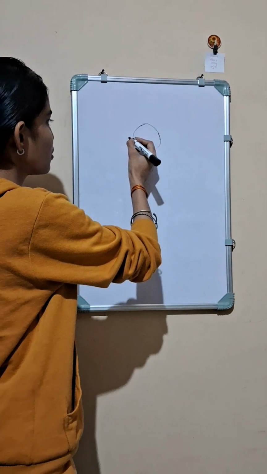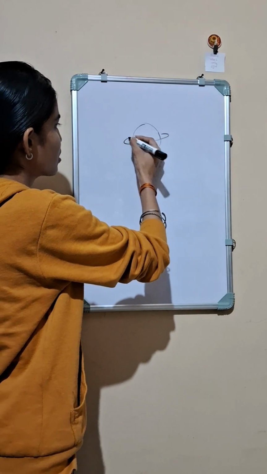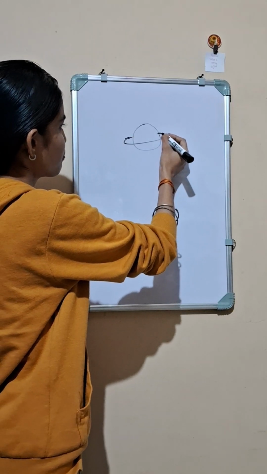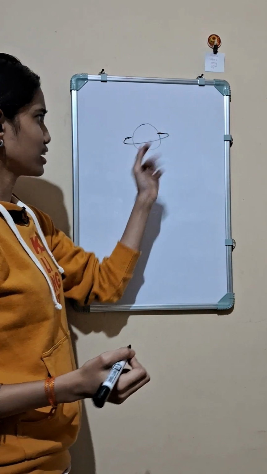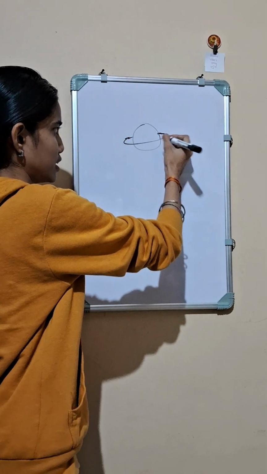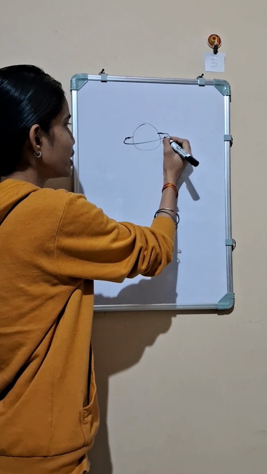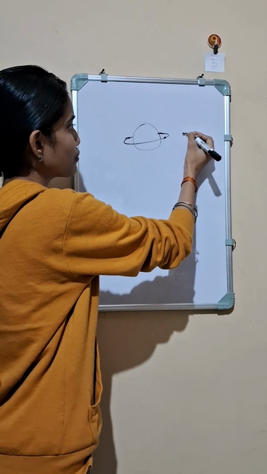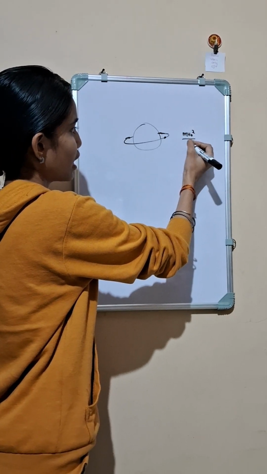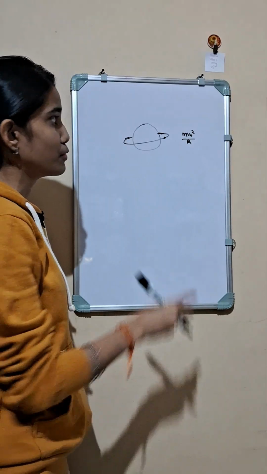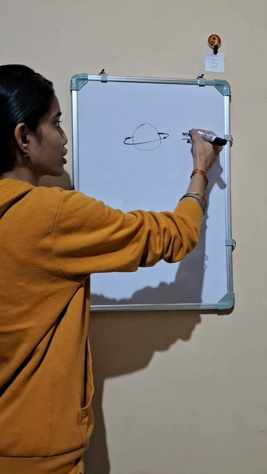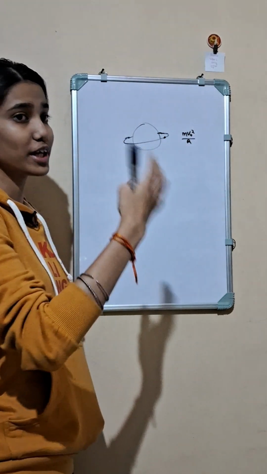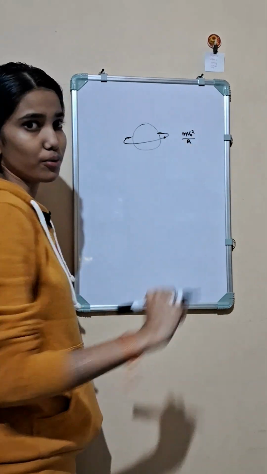So let us suppose a satellite is orbiting Earth here. So here an outward force of mv0 square by r, mv square by r, here v0 is the orbital velocity denoted by O.